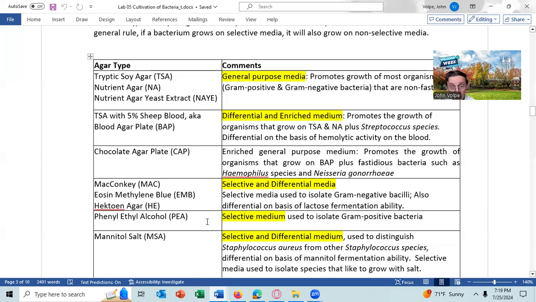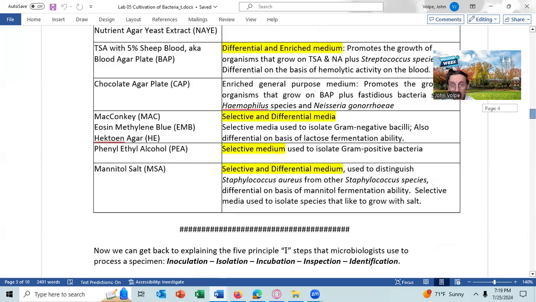We also have selective media, and there's only one that is only selective that you need to know about, and that's phenylethyl alcohol, or PEA. It is selective and selects against gram-negative cells. So on this plate, gram-positive cells will grow. And then there's mannitol salt agar, which we may have talked about briefly. It is both selective and differential.